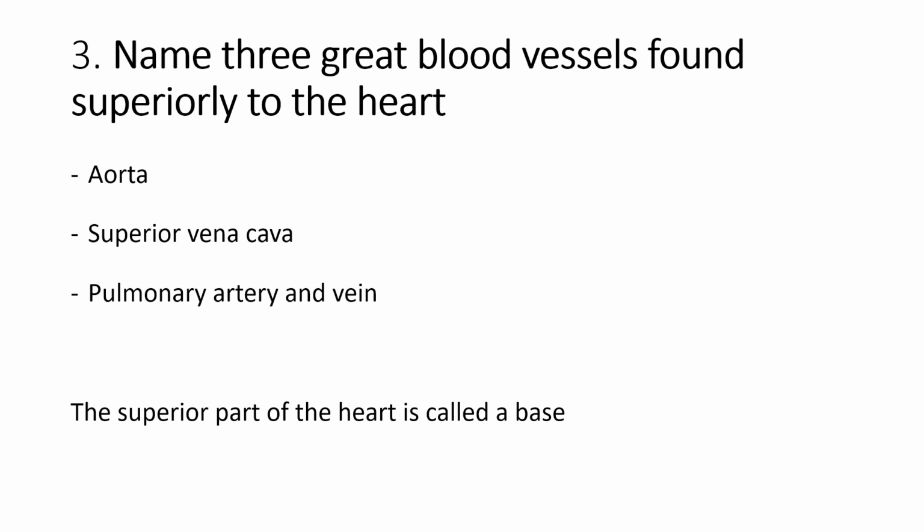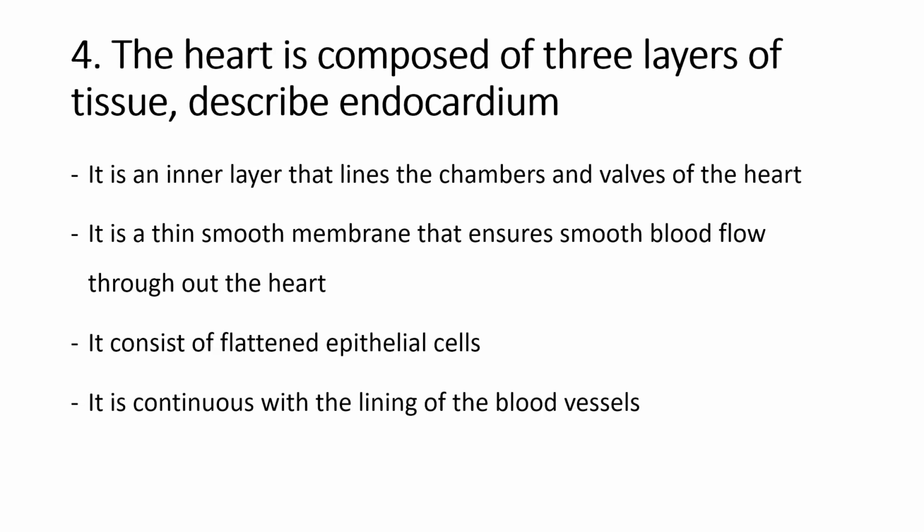In the case of the cardiovascular system, the pulmonary artery carries deoxygenated blood to the lungs, and the pulmonary vein carries oxygenated blood from the lungs into the left atrium. All right, so these are the 3 great blood vessels that are found at the base of the heart or superiorly to the heart.